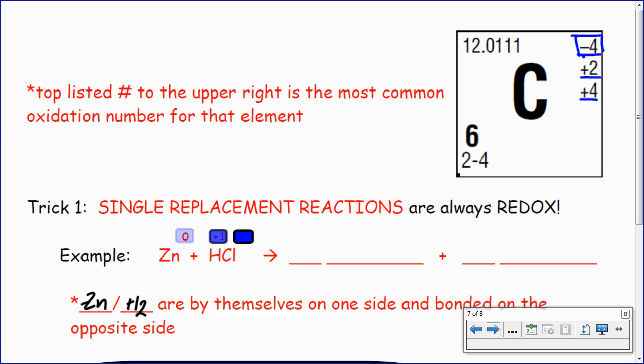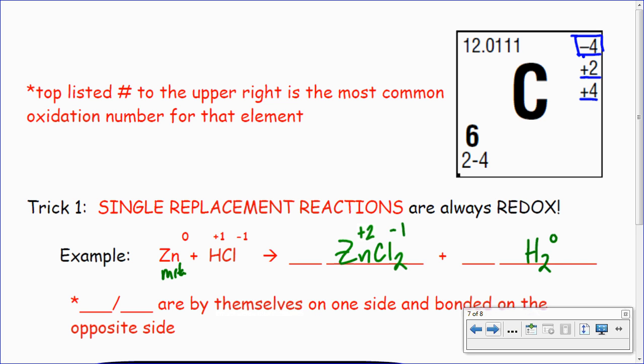Zinc element by itself is going to have a 0 oxidation state. When it reacts with hydrochloric acid, it makes zinc chloride, and zinc becomes a +2, chlorine's with -1 still. And the hydrogen gas that's created, because this is a metal, and this is an acid, that was our previous unit. Metal and acid makes a salt and hydrogen gas.